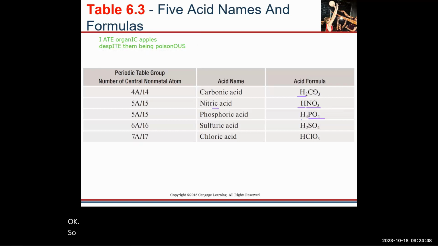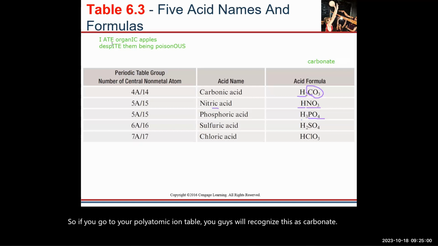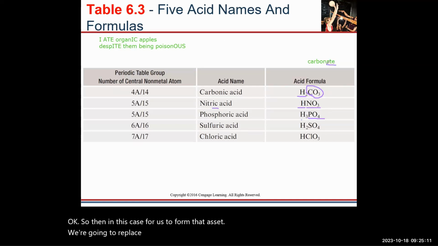Okay. So if you go to your polyatomic ion table, you guys will recognize this as carbonate. Then in this case, for us to form that acid, we're going to replace the ate with ic and add acid at the end.